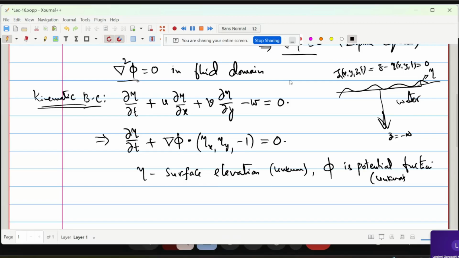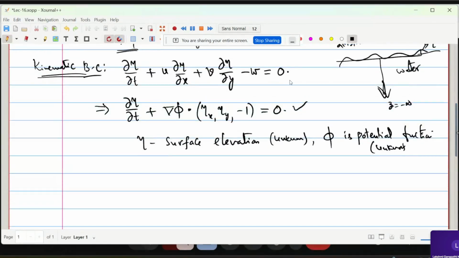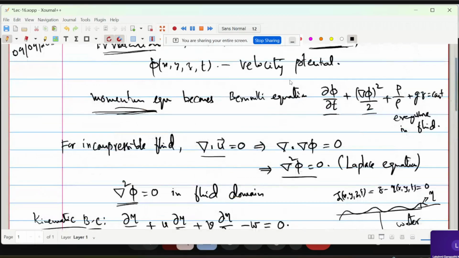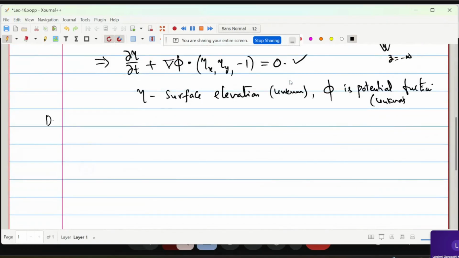So for the Laplace equation, we have this kinematic condition, and also this is where we use what we integrated from the momentum equation. You are going to use it as a dynamic boundary condition, which is actually your Bernoulli equation.